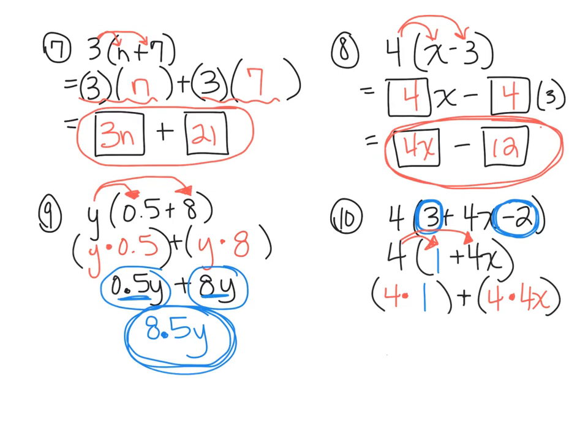And here we have our distributive property and our simplified expression. Once you've completed all of your work for questions 7 through 10, we'll move on to questions 11 through 14.